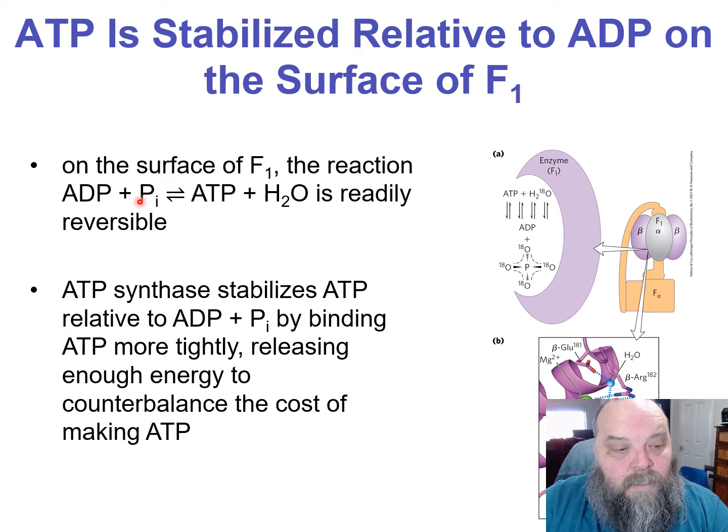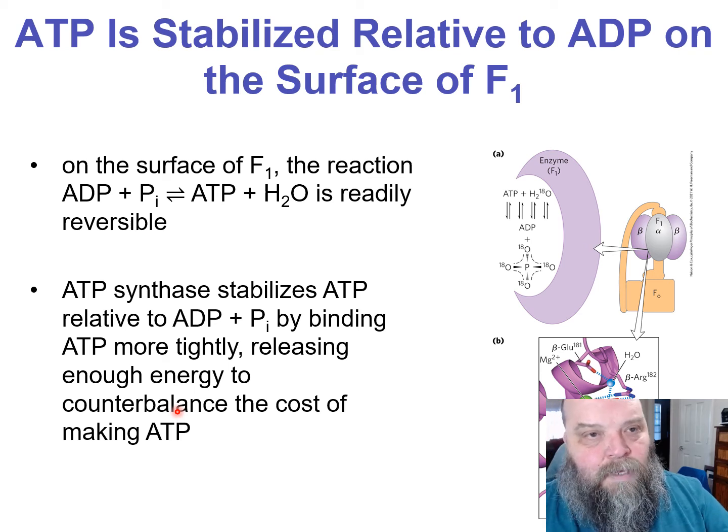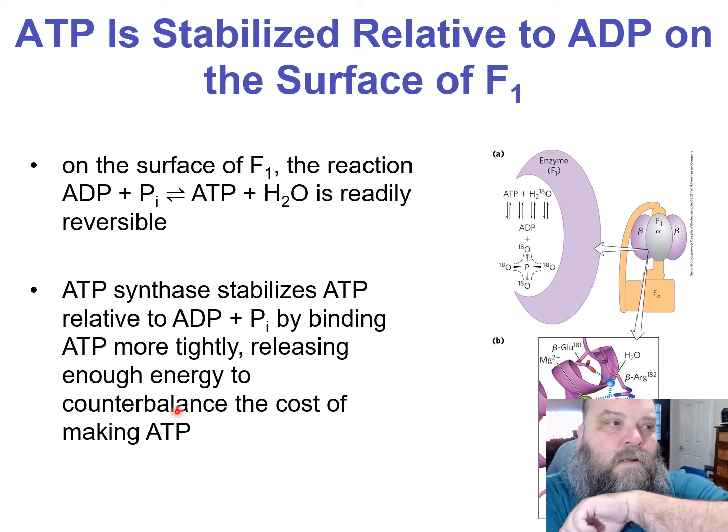When you look at this, ADP plus inorganic phosphate makes ATP and water. It is technically a reversible reaction, but the interaction of the F1 catalytic units is tighter for ATP than it is for ADP. It goes back to what we were talking about earlier.